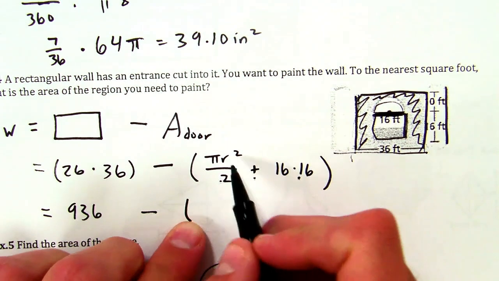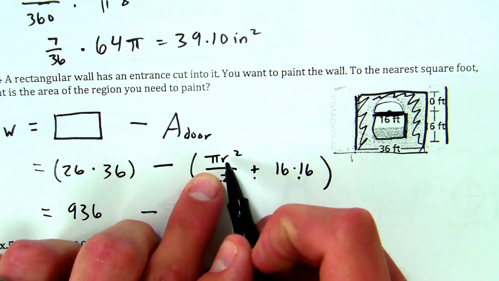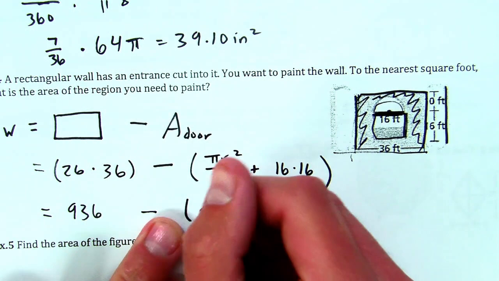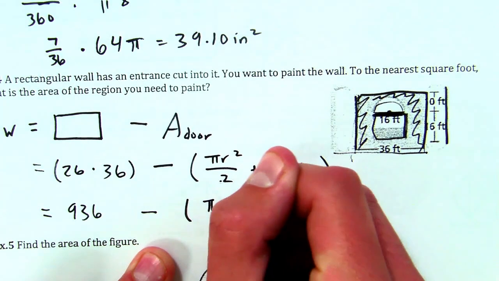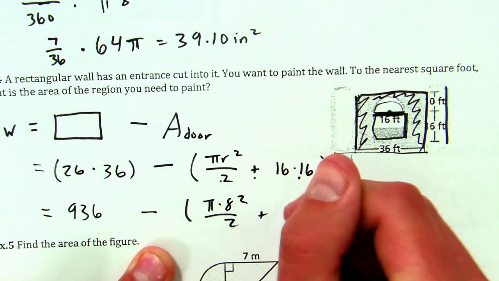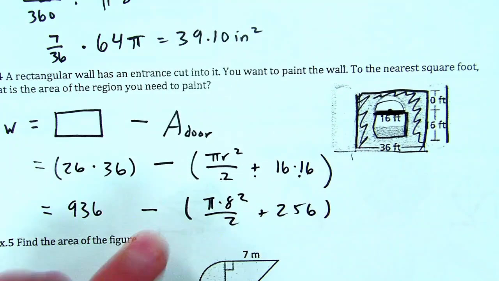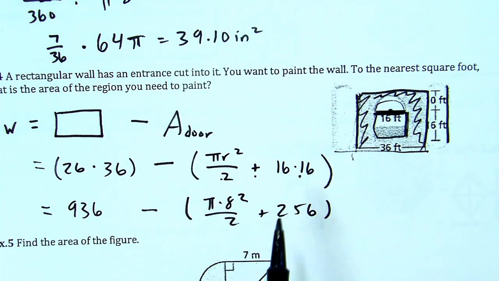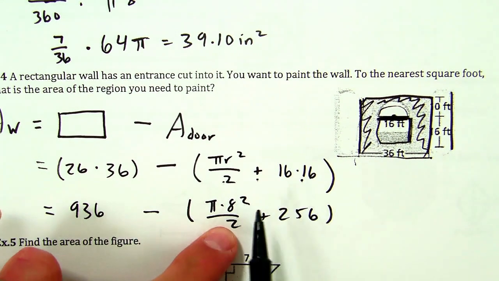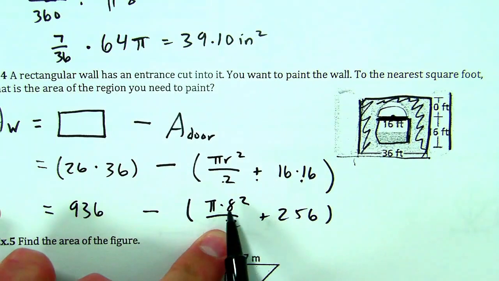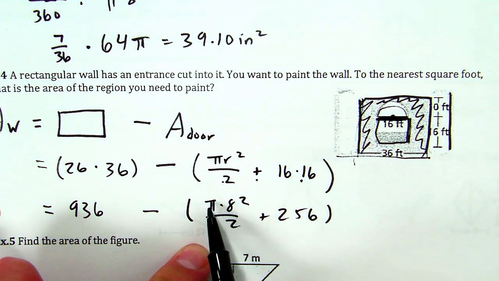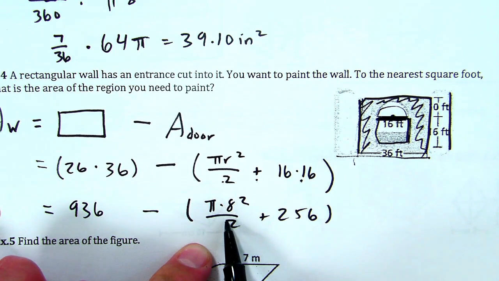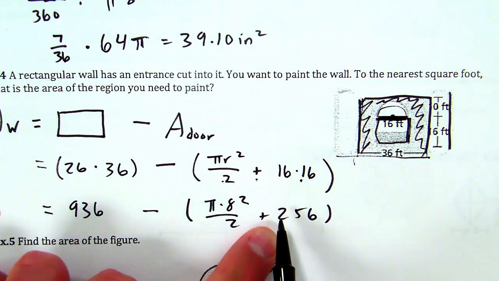So the radius is 8, so I can put 8 in for r right here. 16 times 16 is 256. So then on your calculator, since I'm running out of room, 8 squared times pi divided by 2, and then add 256.